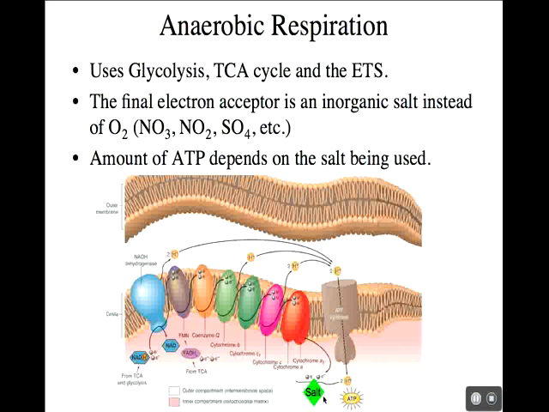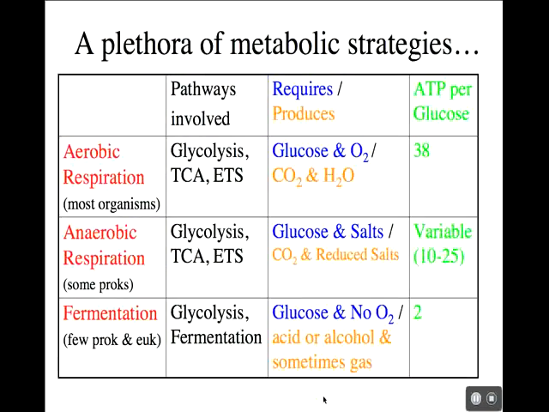So if we compare anaerobic respiration to aerobic respiration, same pathways here, glycolysis, TCA, ETS, glucose is going in, carbon dioxide is coming out, because remember, glycolysis and TCA work the same. The only difference here is in the final electron acceptor. You have a salt as the final electron acceptor, and what you get is a reduced form of that salt because it accepts the electrons and becomes reduced.